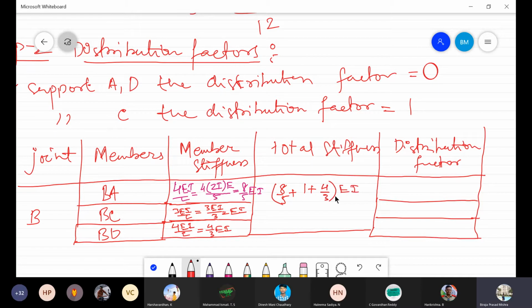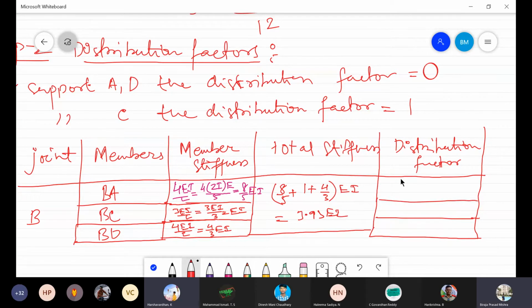So please calculate how much it is coming. Total stiffness is 8 by 5 plus 1 plus 4 by 3, which is 3.93 EI.